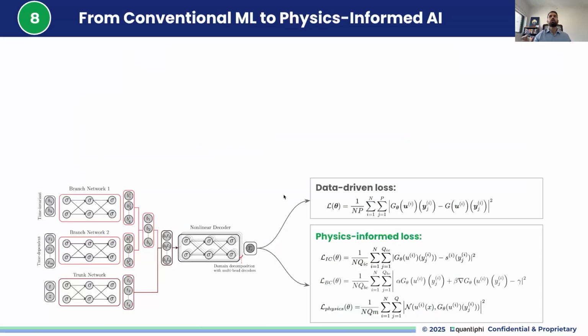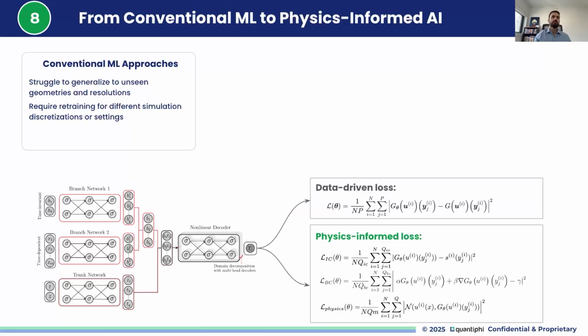Now, why do we need physics-informed AI? When we look at conventional ML models, they often struggle to generalize to unseen geometries, engineering settings, or resolutions, meaning that they need to be fine-tuned or retrained from scratch if the setup or the settings of the engineering platform have changed.